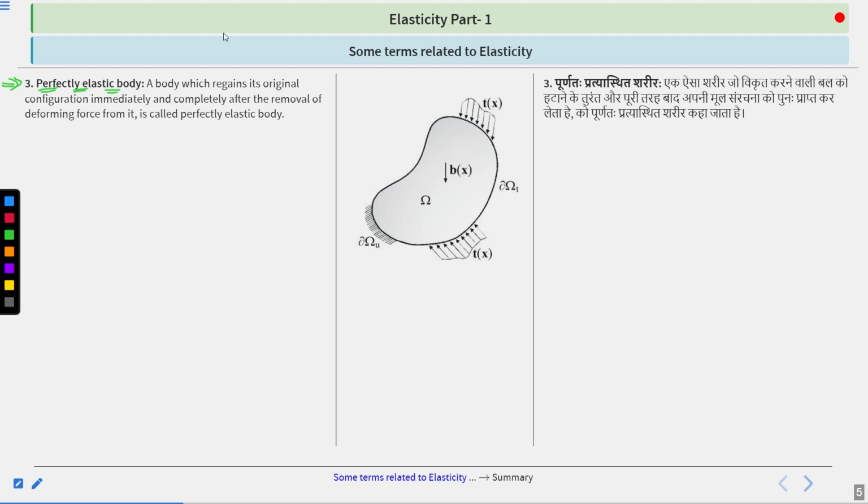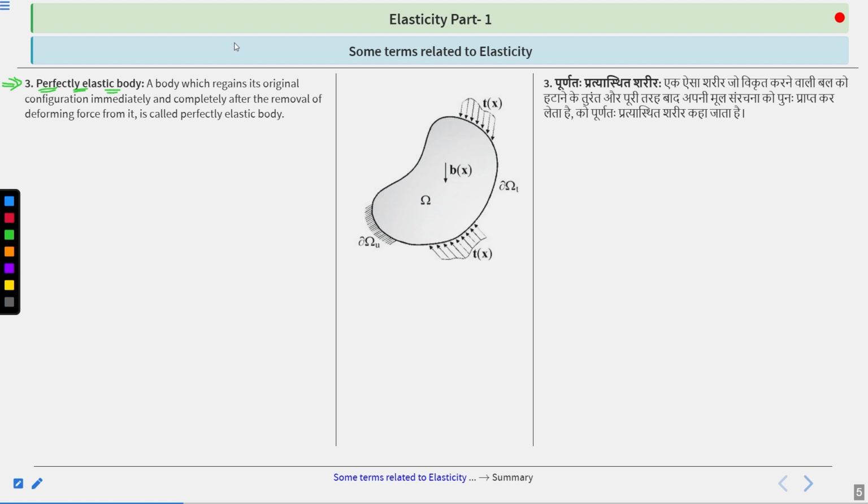Suppose you have a rubber band. If you see the rubber band, you will find that it has some kind of circular shape. If you stretch it further, you change its configuration, as you are applying an external force on it.